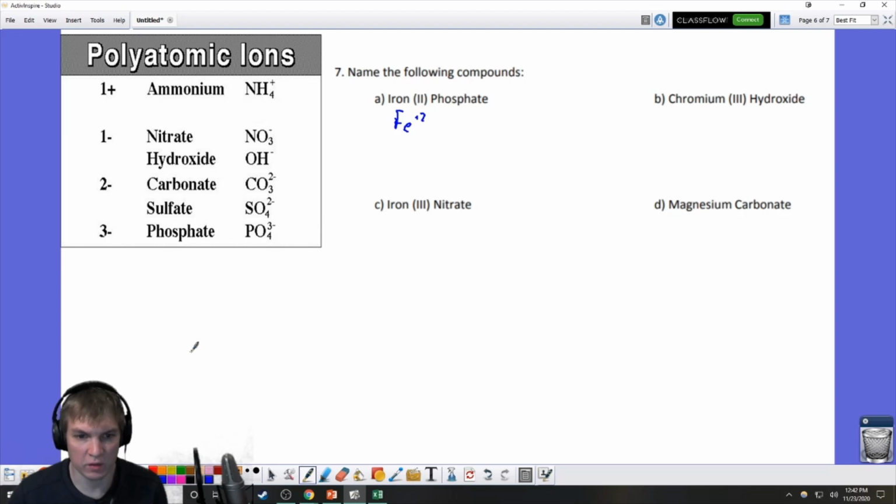And then phosphate, based off of our reference table, we know that PO4, this entire phosphate group, has a -3 charge. So again, the only way to balance these out so that they get to 0 is if we have this go to 6 and this go to 6. So we'll need 3 of these in order to get to 6.